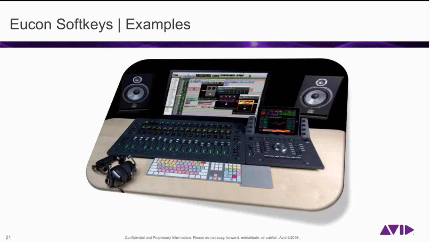They're made up of layout recalls to change the channel strips that are on my surface, soft key pages that I've built determined on the action that I'm trying to execute, so editing, mixing, etc., and then just some miscellaneous options as well, such as scrolling options, automation display options, so on and so forth. And then the macros, I built those to execute a series of Euconized parameters to execute a single task. So here we go.